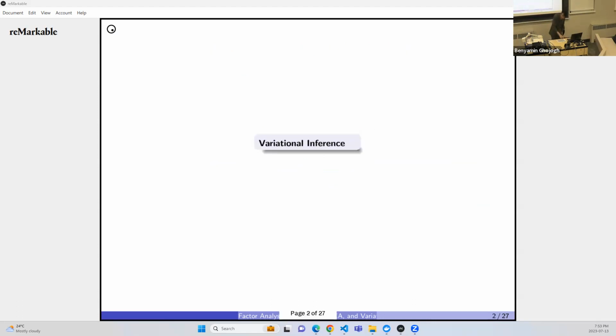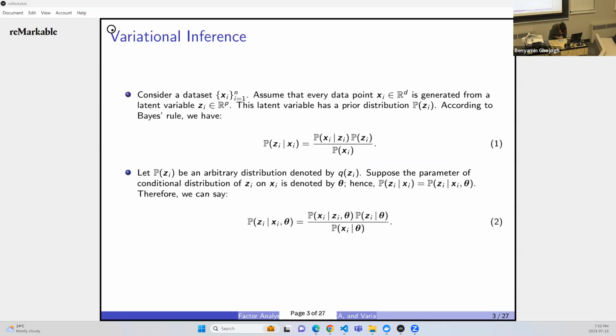So variational inference. Consider a dataset x1 to xn, each of which is d-dimensional. Assume that every data point xi is generated from a latent variable zi, which is p-dimensional. This is a very important thing.